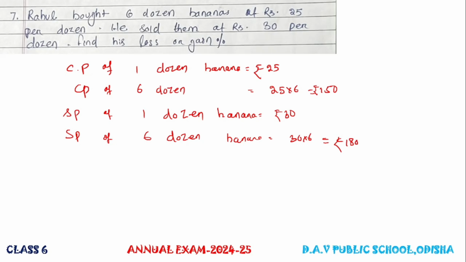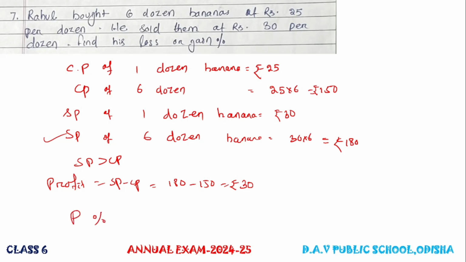Now tell me profit or loss. SP is greater than CP means profit. So write down profit equal to SP minus CP. 180 minus 150, that is 30 rupees. Now find the profit percent. Profit percentage equal to profit by CP into 100 percent.